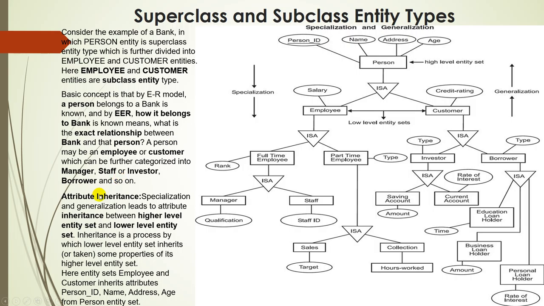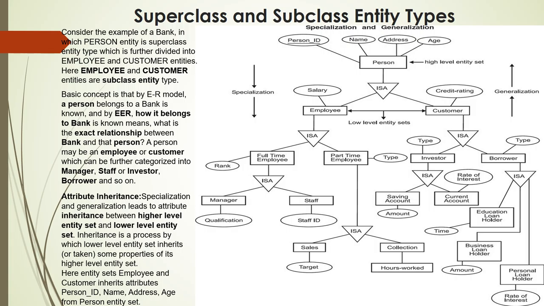Attribute inheritance: specialization and generalization lead to attribute inheritance between higher level entity set and lower level entity set. Inheritance is a process by which a lower level entity set inherits or takes some properties of its higher level entity set.